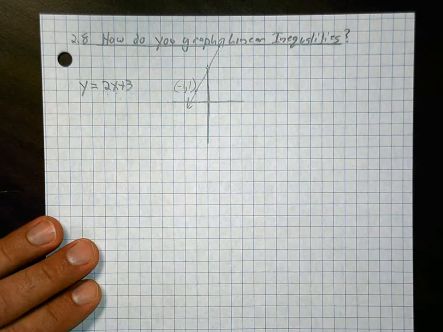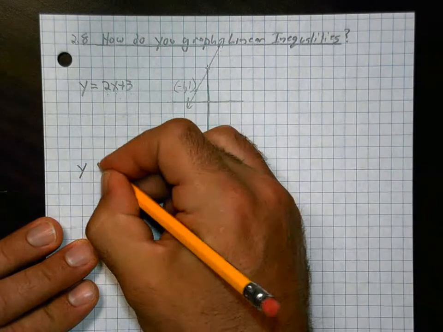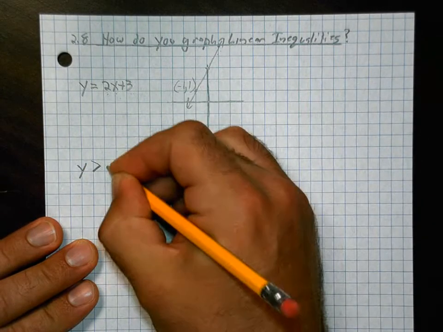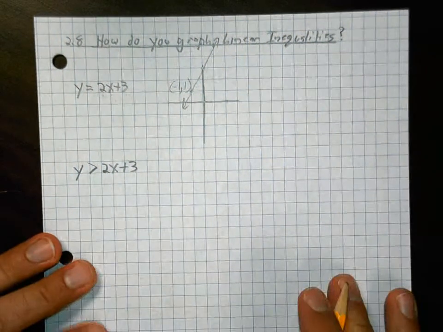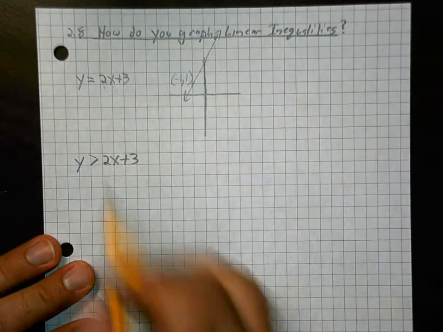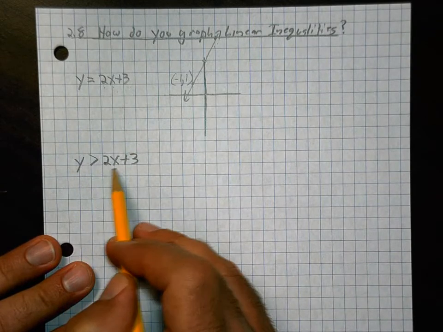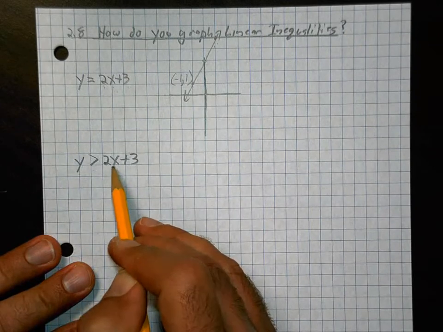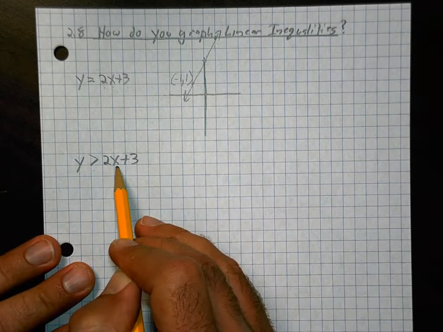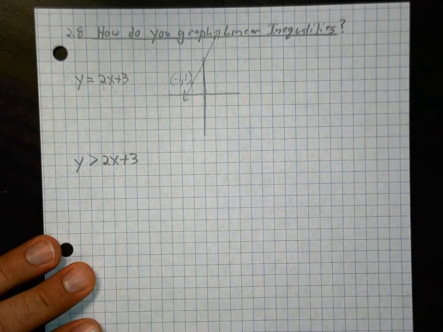Okay, so what about if we change that to an inequality? Y is greater than 2x plus 3. Now we're looking for all the coordinates that will satisfy having the left side greater than the right side. So x values that I can plug in that result in values less than whatever y is.